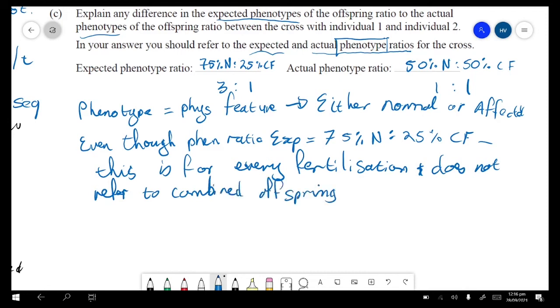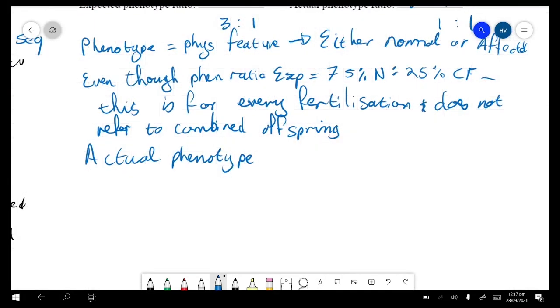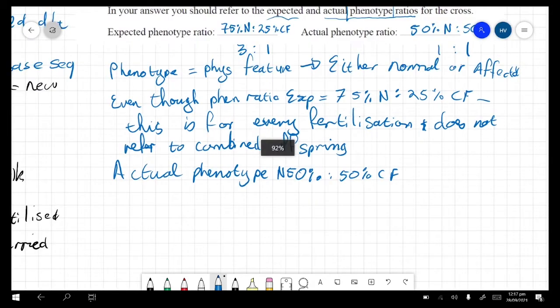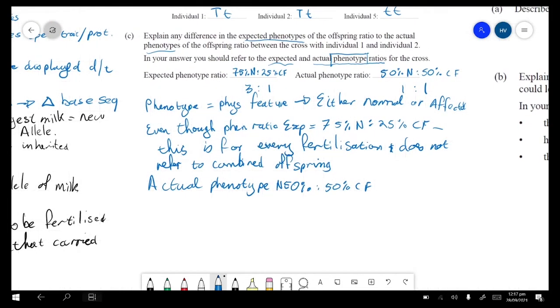So our actual phenotype ended up being 50%. Holy moly. So 50% normal, because they had a 25% chance every time there's a fertilization. Okay, so that should explain it. Let's go and look at the model answer.